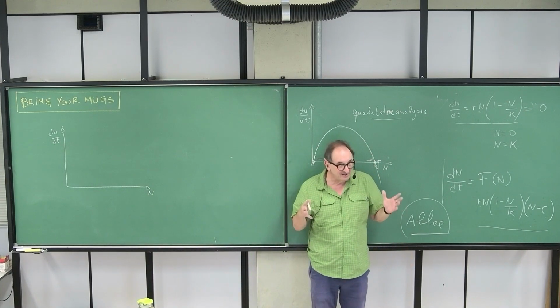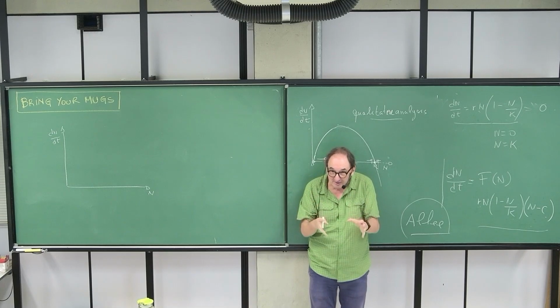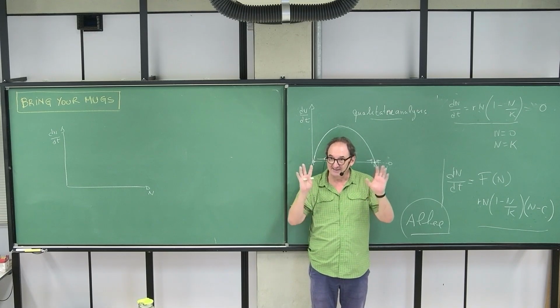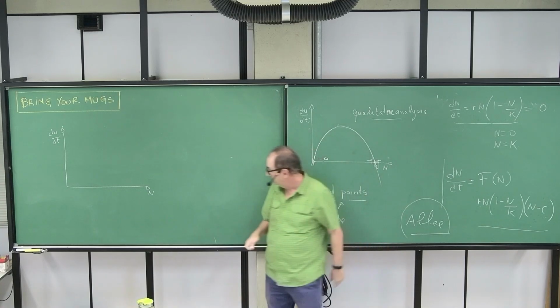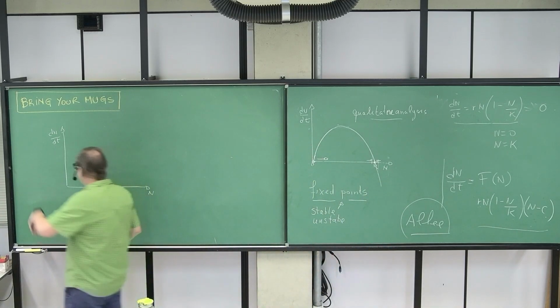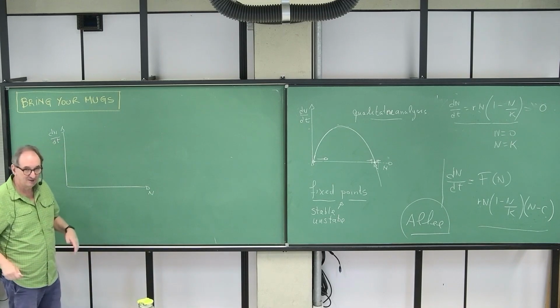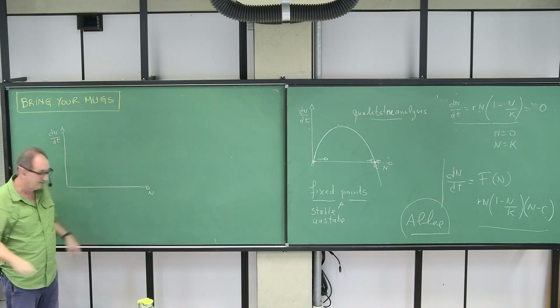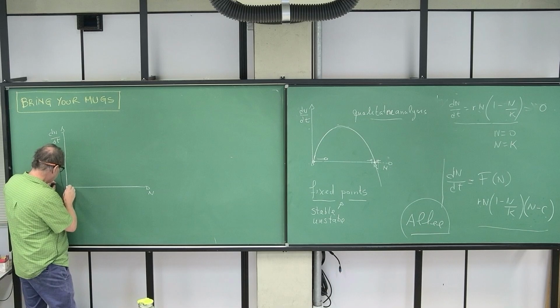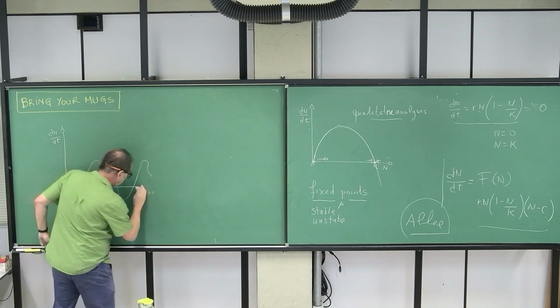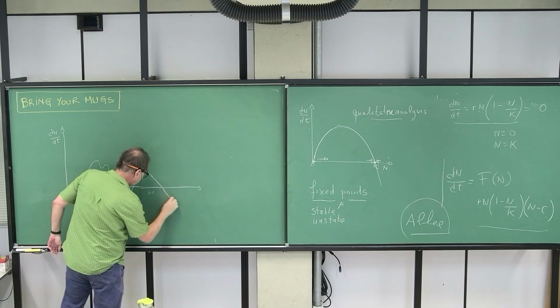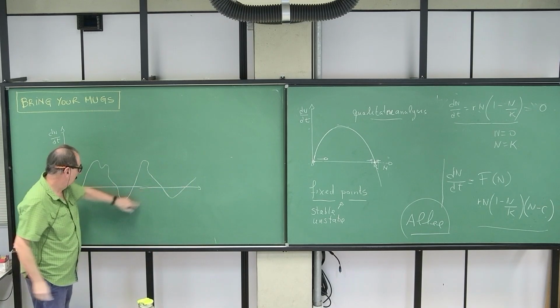You do the qualitative analysis, you don't show the solution. You analyze the fixed points and you say something very general about what should happen. So I could think of generalized models which describe, I don't know, something else. For instance, like this. You see?